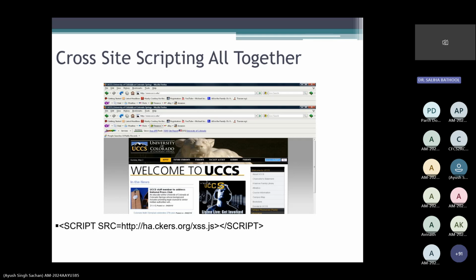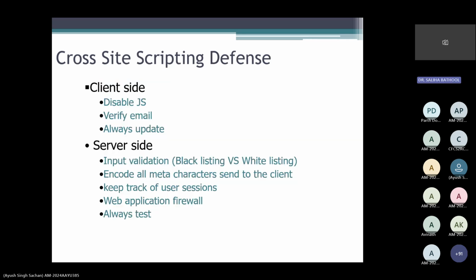So this can also happen in a cross-site scripting attack, where mobile applications can be vulnerable to the XSS attack. Cross-site scripting defense: there are two defenses which we have evaluated, client side and server side.